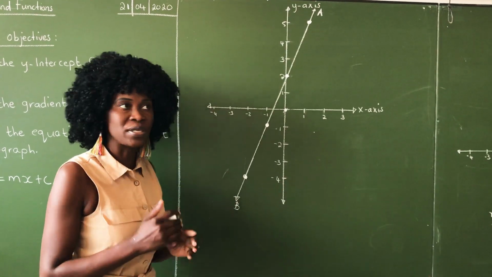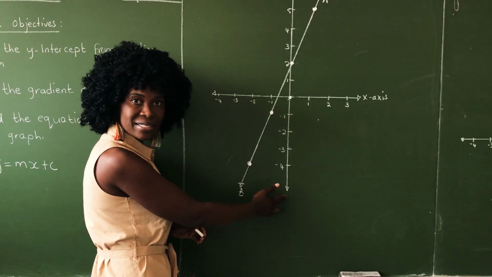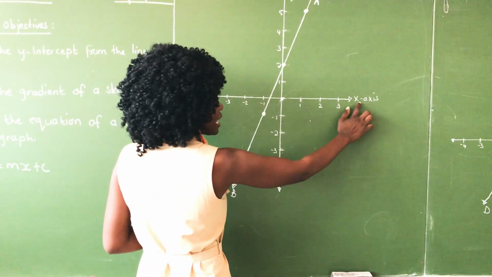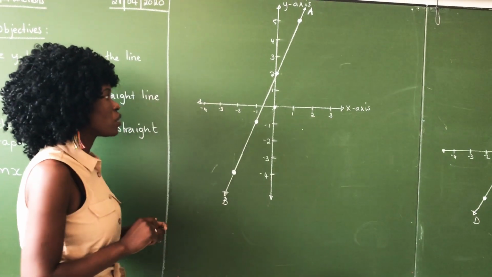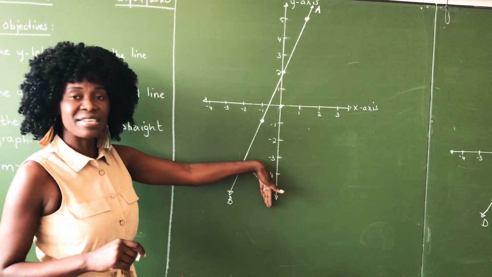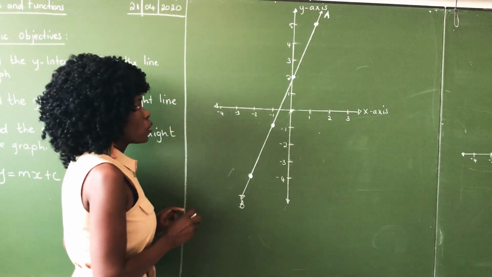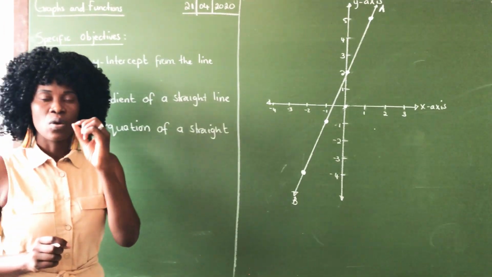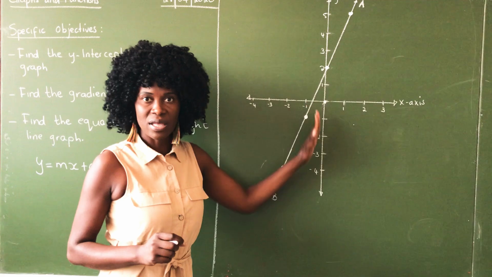The vertical line is our y-axis, the horizontal line is our x-axis. It has positive numbers on the right, negative numbers on the left, and our y-axis has negative numbers down and positive numbers up.